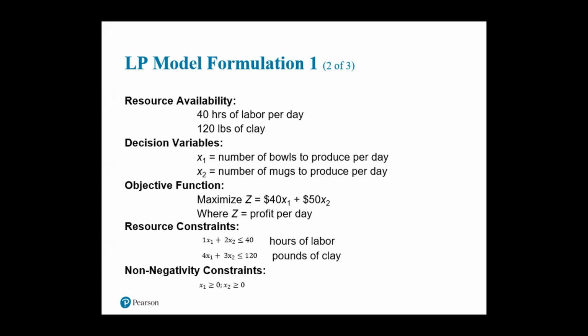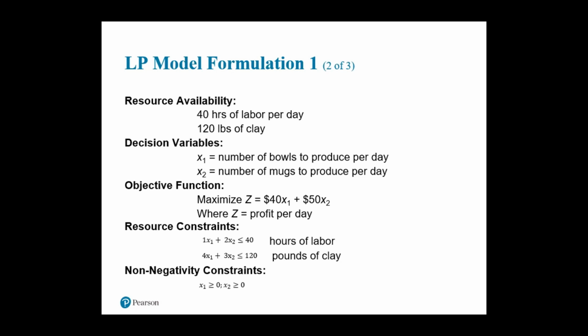Now, the decision variables. Number 1, we can label it X1, which is the number of bowls to produce in a day. That's the decision variable that is confronting this firm. Another decision variable is the number of mugs to produce a day.